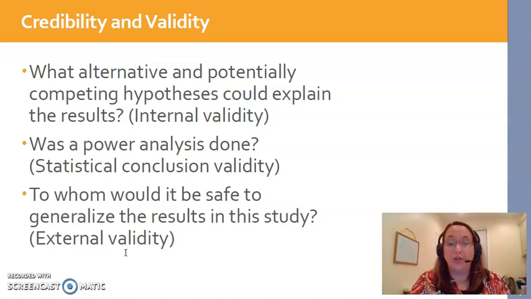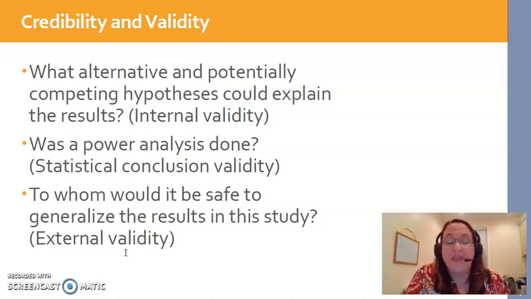For statistical conclusion validity, one thing we can check, which should be in the methods section of a study, is whether the researchers did a power analysis. It's a statistical test. I'm not going to go into the details of all it does, but it gives us a minimum number that we should have as our sample in order to have adequate power to trust our statistical outcomes.